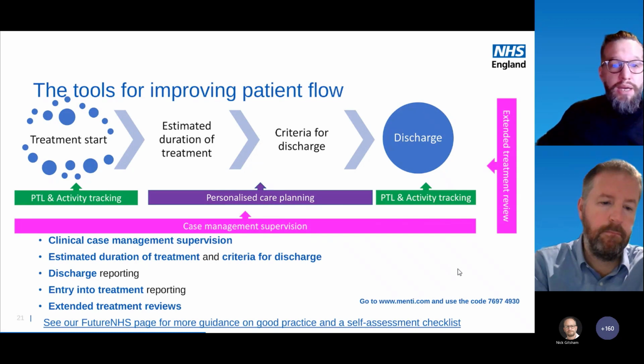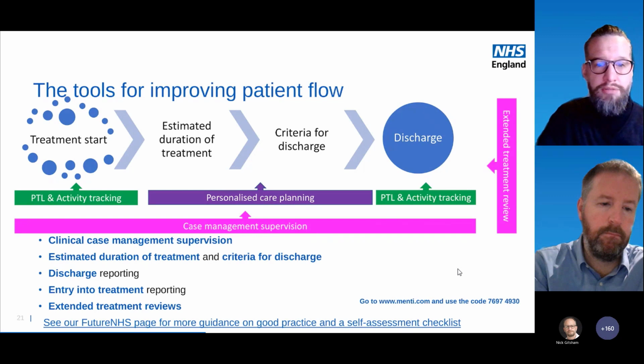So national policy, that's point 2. National policy is oriented around delivering a seamless stepping up and stepping down of patients between services, and that requires a different type of relationship between services than has often happened in the past. In order to support this, discharges out of the service need to be reported on and monitored against standards. We need to have an equal focus on that as we do with treatment starts.